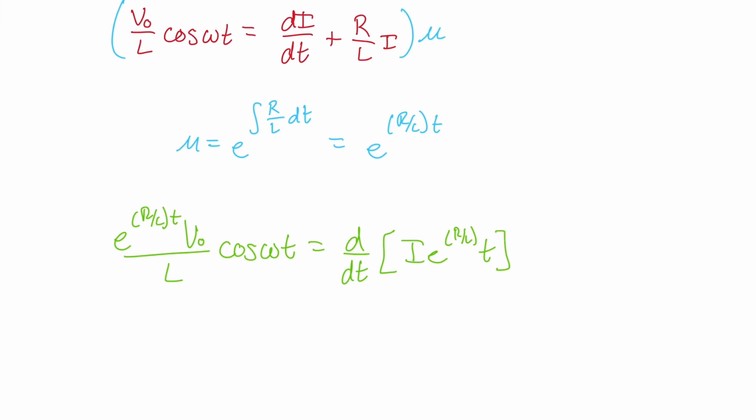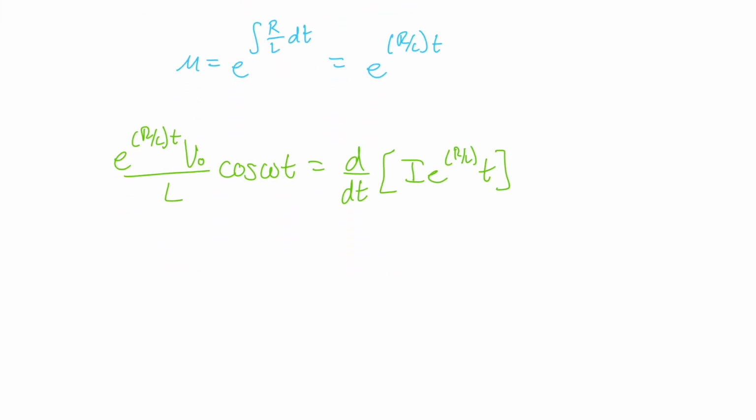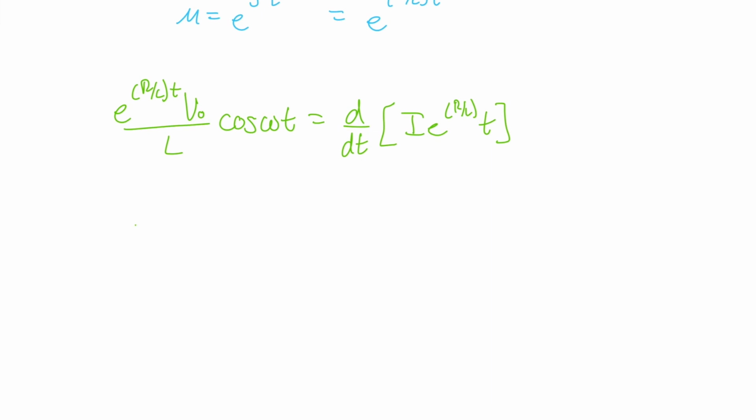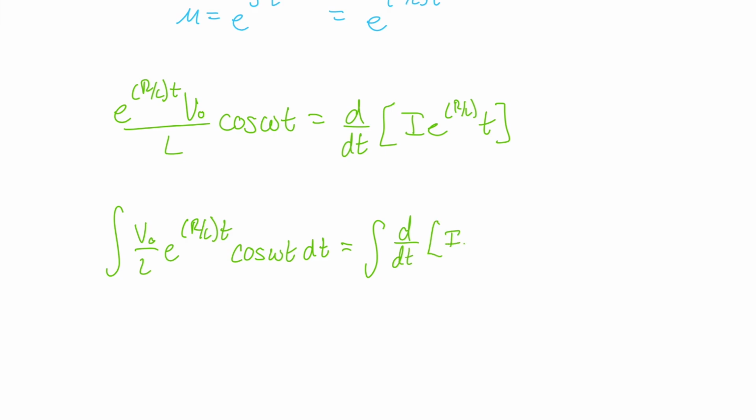And now we're just going to integrate both sides with respect to t. So we're going to do this as V naught over L times e to the (R/L)t times cosine omega t dt, integrate that, is equal to the integral of d/dt of I e to the (R/L)t dt.